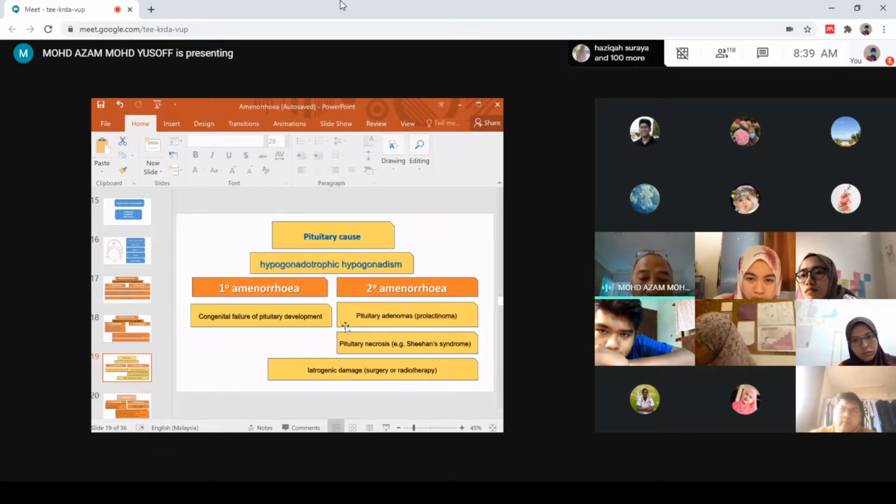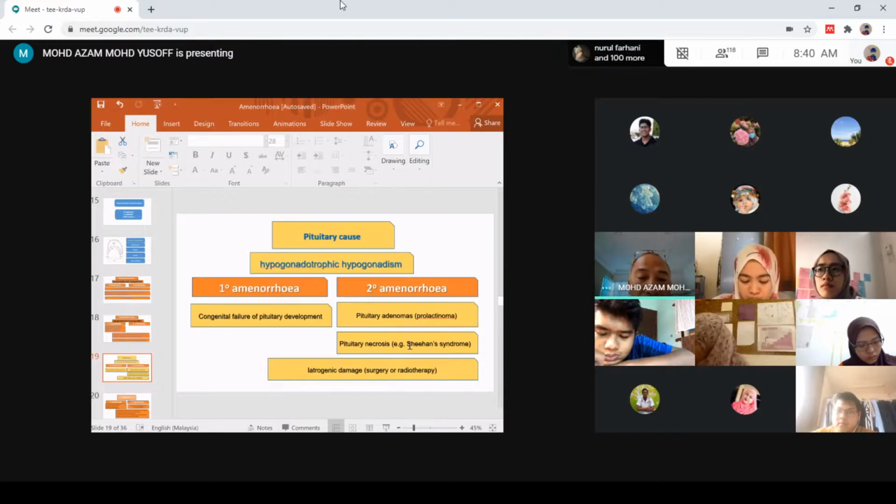We talk about pituitary necrosis, Sheehan syndrome. This is very rare. What is Sheehan syndrome? In Sheehan syndrome, the patient has a massive PPH and then low blood pressure, causing death of the pituitary gland tissue, pituitary necrosis.